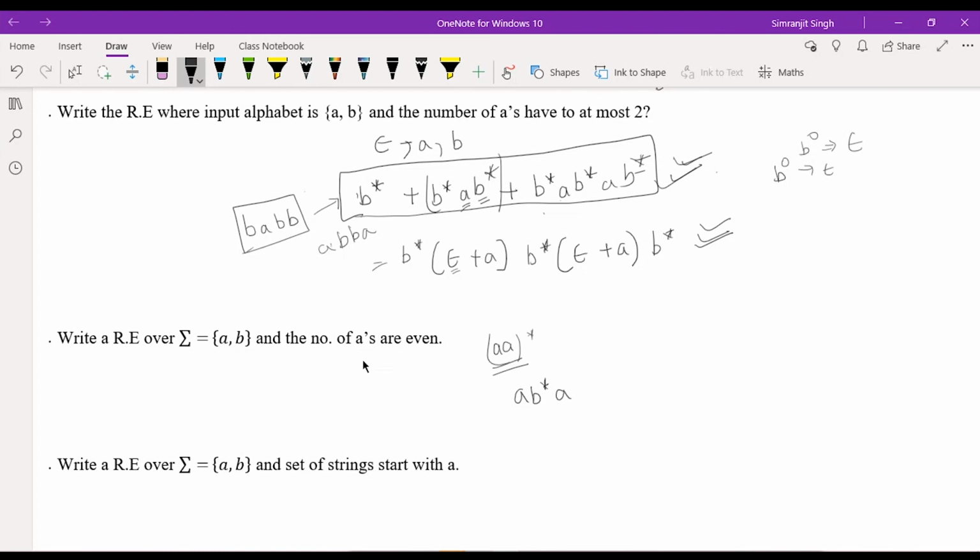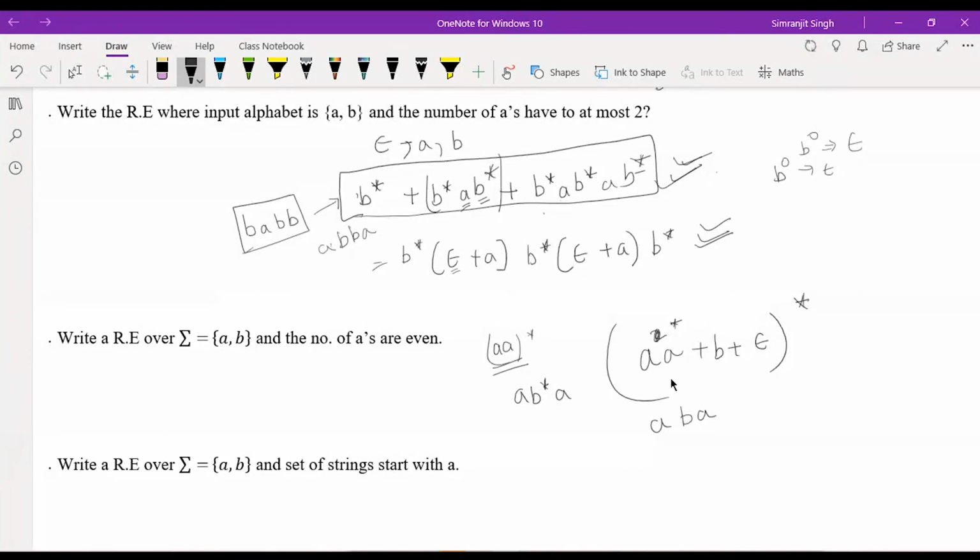Mayank wrote (a^2)* plus b plus epsilon, raised to star. Okay, just let me see. Mayank, there is only one problem in that a is always followed by a. So in between, if that expression comes like A, B, A, that will become wrong. So that cannot be extracted by this. Only this is the problem.